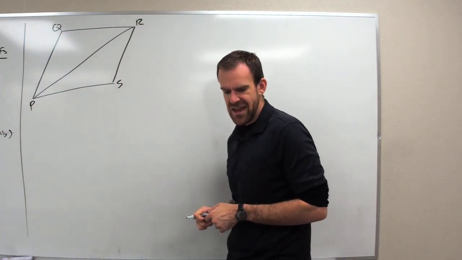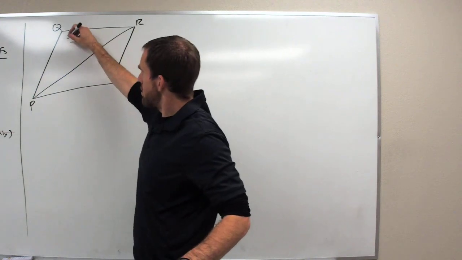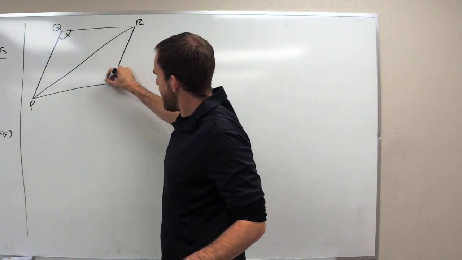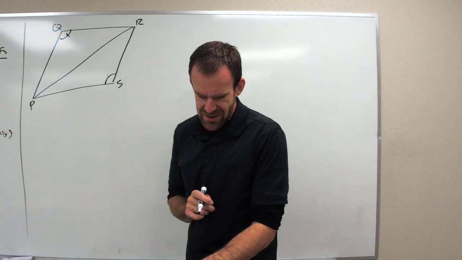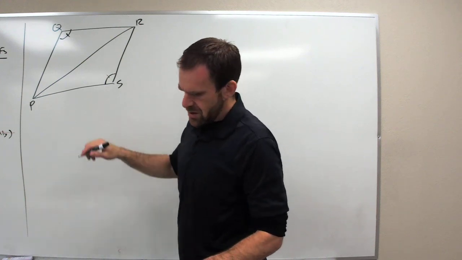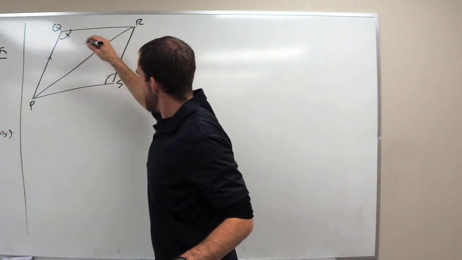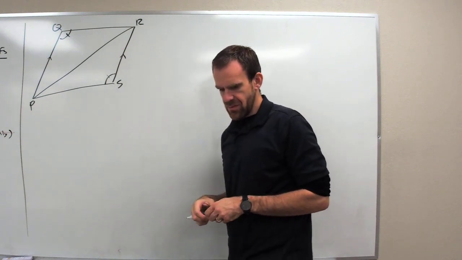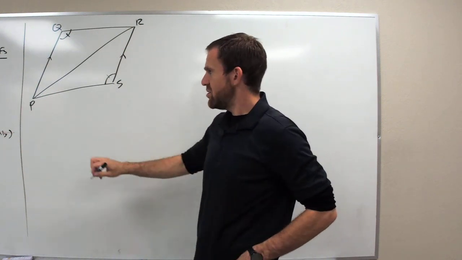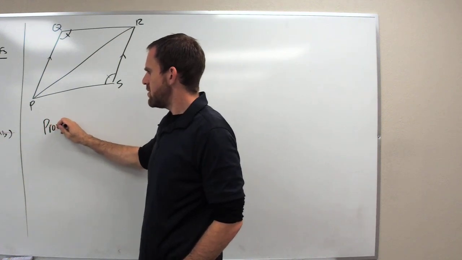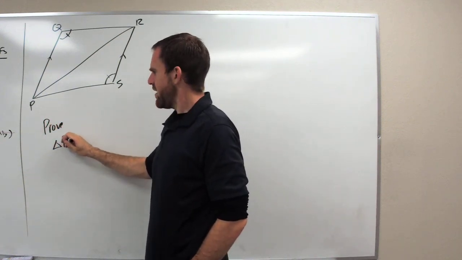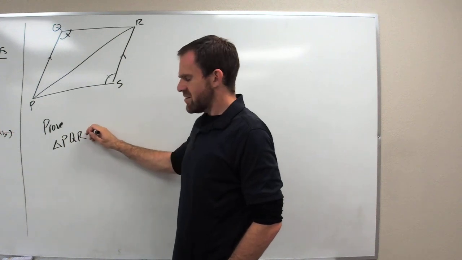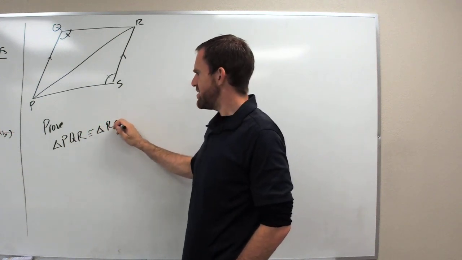Now, in this, they give us that angle Q is congruent to angle S. And they give us that PQ is parallel to SR. And they're asking us to prove that triangle PQR is congruent to triangle RSP.